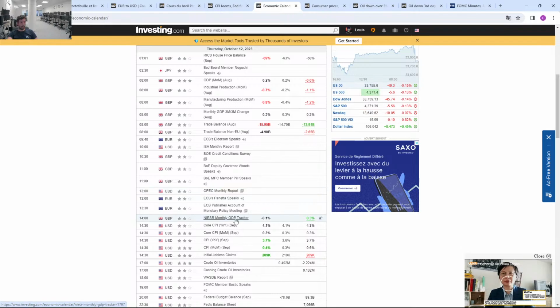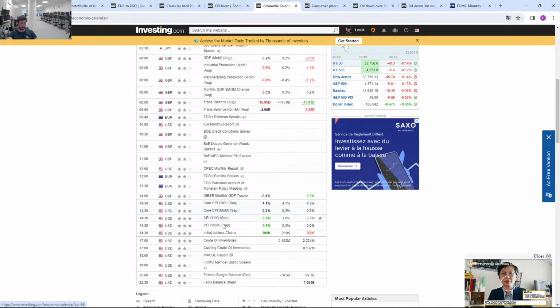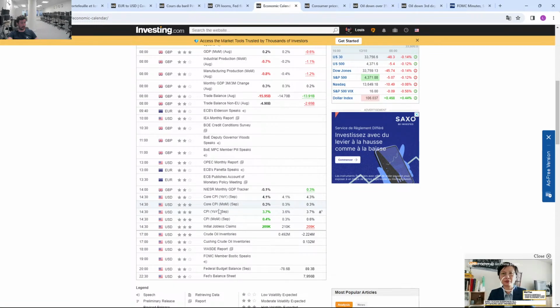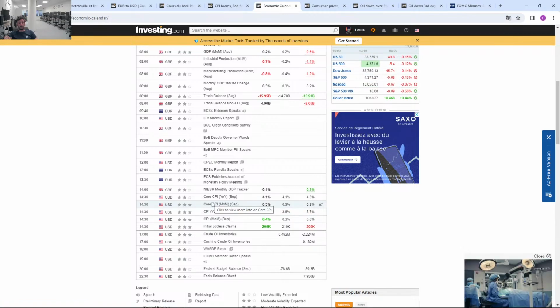Then we had the GDP tracker for the UK, so still not that important. But we had the core CPI and the CPI, and we see that inflation is maintaining its level, even increasing a little bit for CPI, probably because of the price of oil.